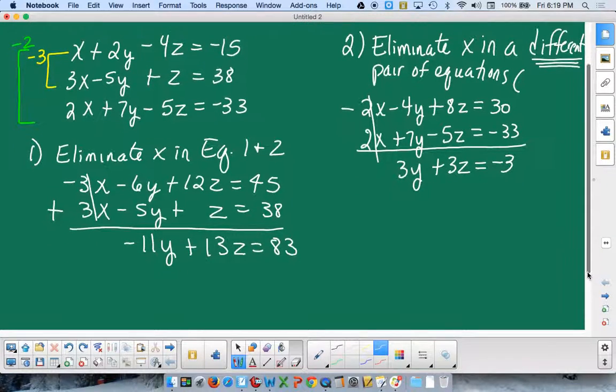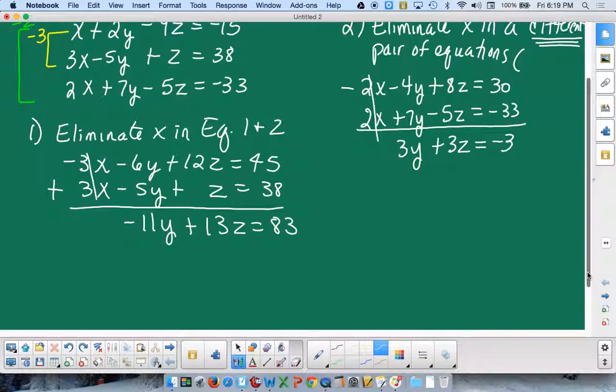Okay, now does anyone remember what you do once you've reached this point? Well, the strategy is the fact that you now have 2 equations that both contain y's and z's. So your third step is to combine the two variable equations and eliminate a variable.